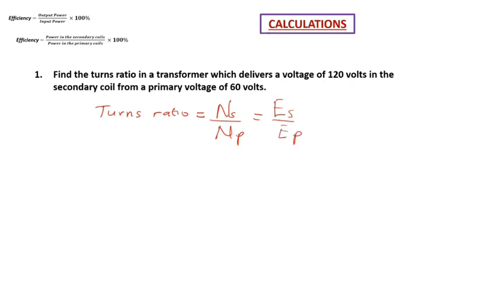So the turns ratio can be calculated using this formula. Since we are given voltages only, the primary voltage is 60 volts and 120 volts represent the secondary voltage. So therefore this is going to be equal to 120 divided by 60. So this is going to give us 2. So the turns ratio is 2.